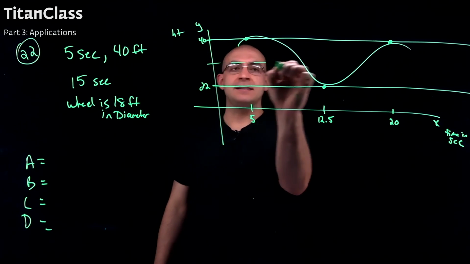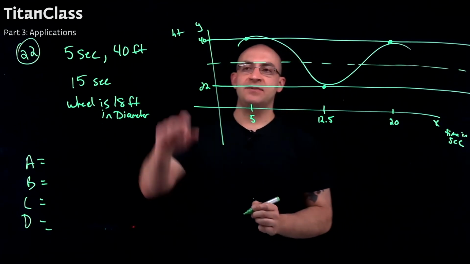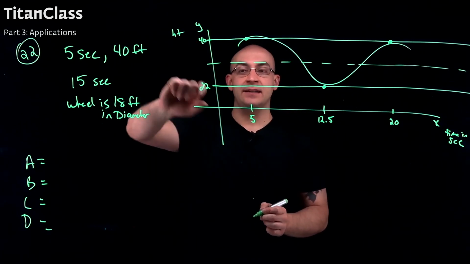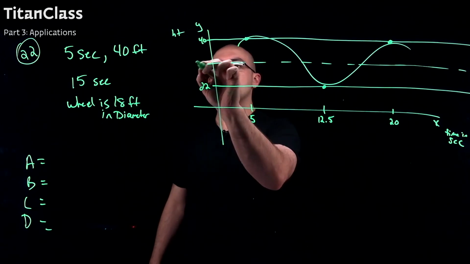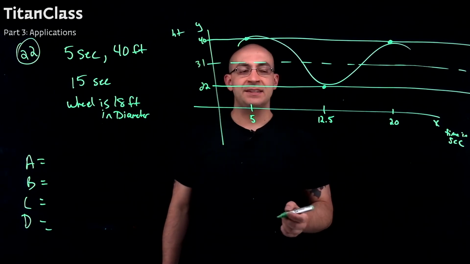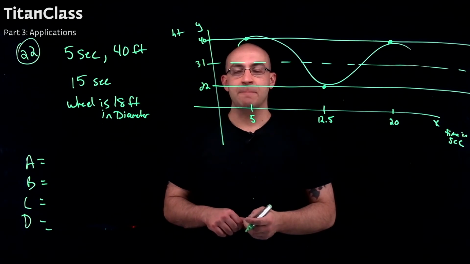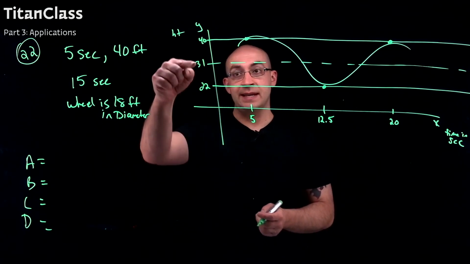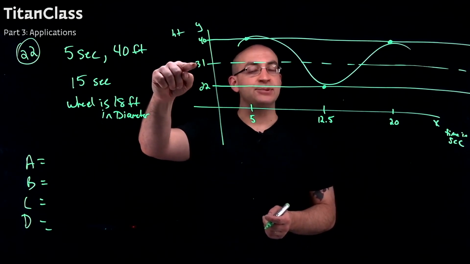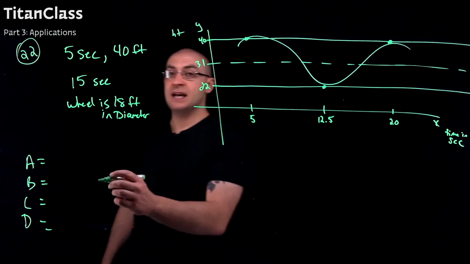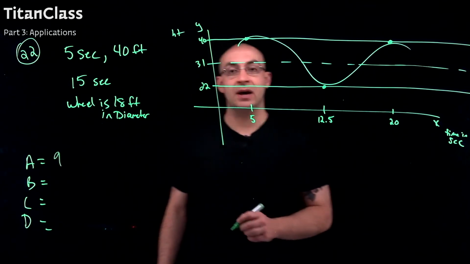That means the midline is going to have to go through somewhere right here. So if the distance here is 18, that means 9 is going to be the value that goes in between. So this is 31. Okay? And the last thing that we need is the period, but we'll do that when we get there. So the amplitude is 9, because that's the distance absolute value from the midline up to the top and the midline down to the bottom value.